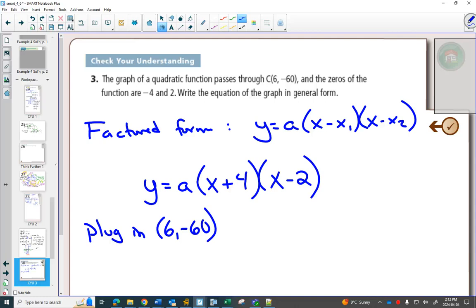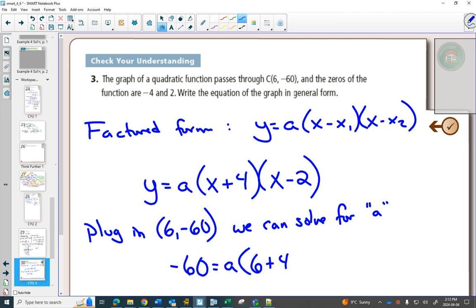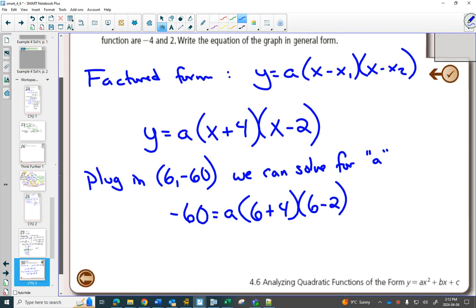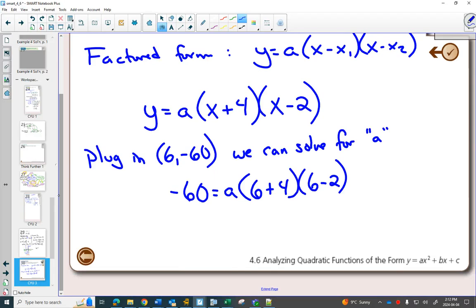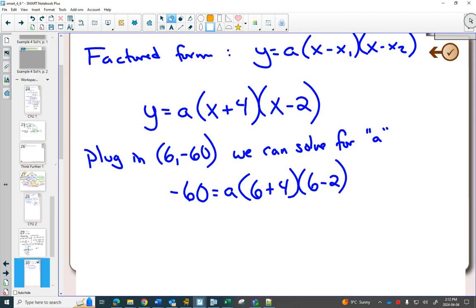So if we plug in (6, -60), we'd be able to solve for A. When y is -60 and x is 6, I'm going to get -60 equals, this is going to be 10 times 4 is 40. It'll be 40A. I can get A by itself.